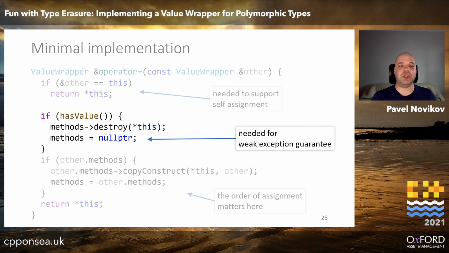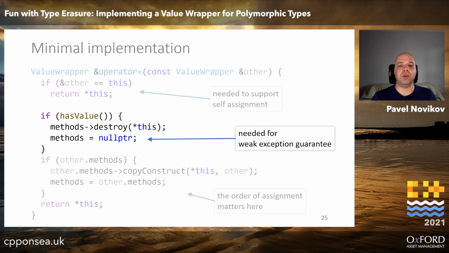Next, we check if this instance has a value. We destroy this value, and assign nullptr to the pointer to methods. This is our invariant, that this instance has no value.